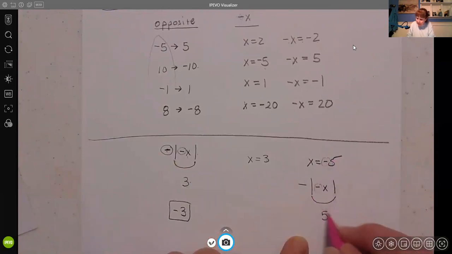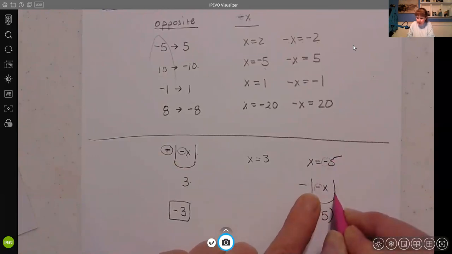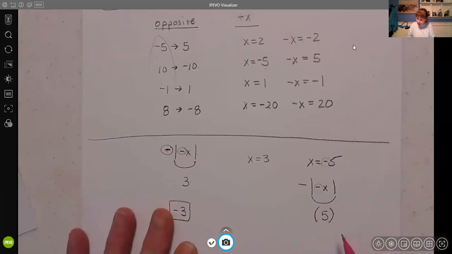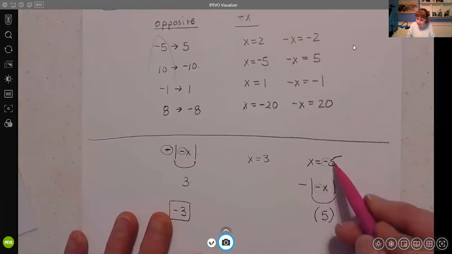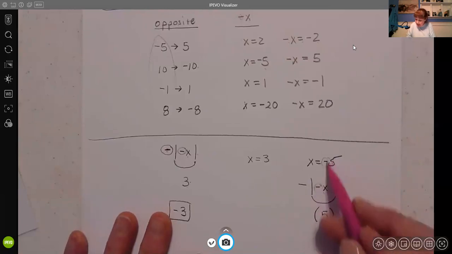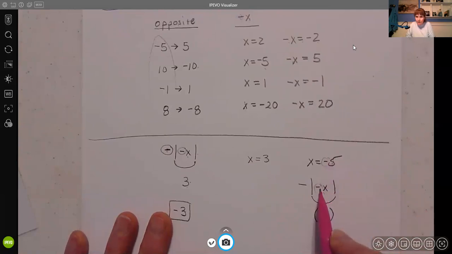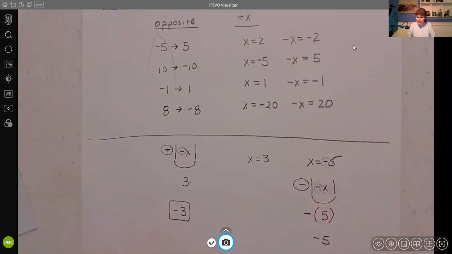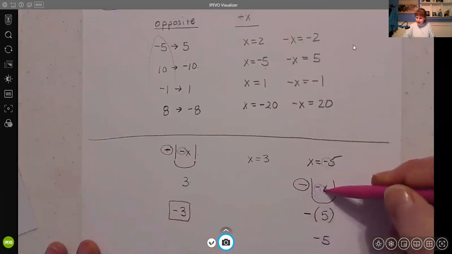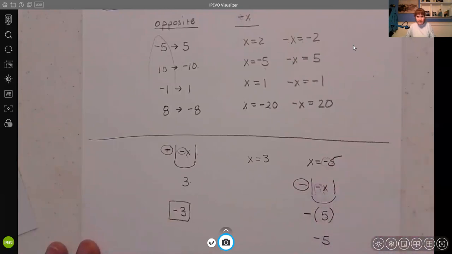And once I make it positive, I can drop the absolute values and use parentheses if I want to. So no matter what I'm putting in, it doesn't matter how many negatives I've got, 1, 2, 3, 4, it doesn't matter. Here, because of these absolute values, it'll be positive. But this guy out here says take the opposite of that. So the opposite of a positive is a -5.